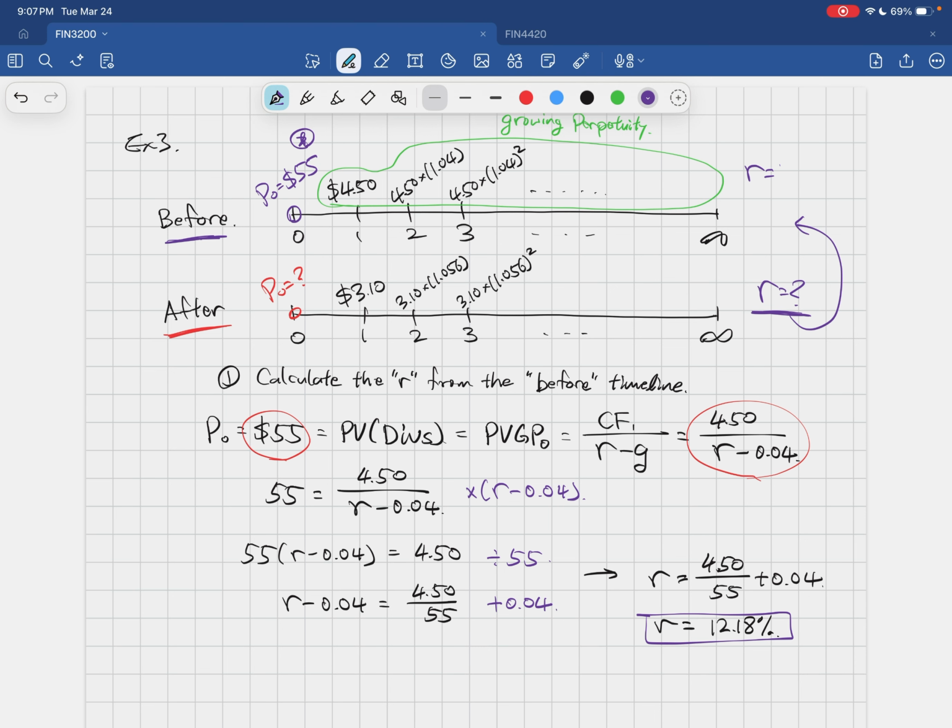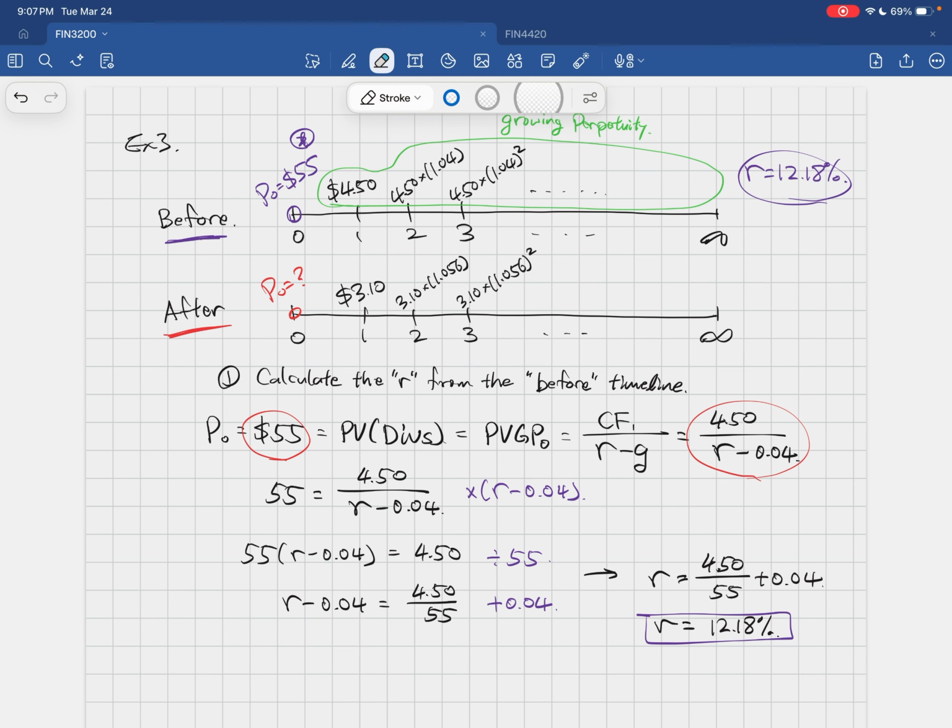R is 12.18%. So we're going to use the same R on the second timeline. We're implicitly assuming that the announcement doesn't really change the riskiness of firm ABC. If the risk of the firm changed, then the R's should change. But that's not the case here.